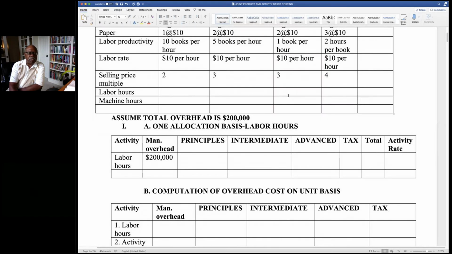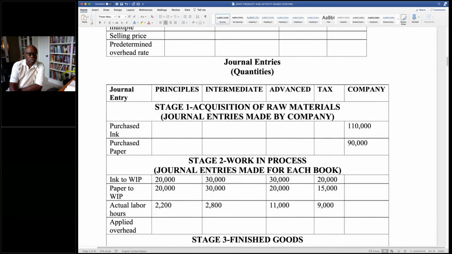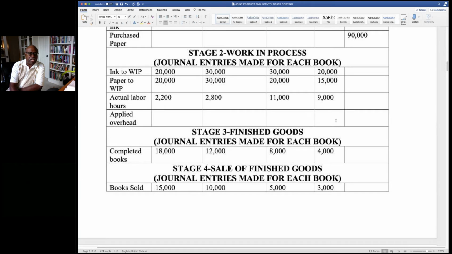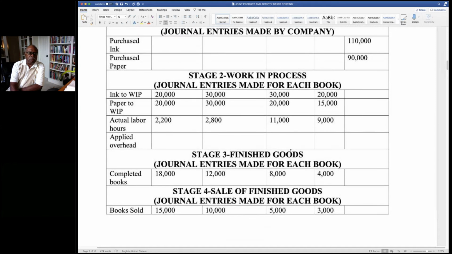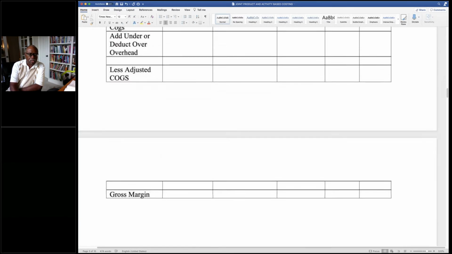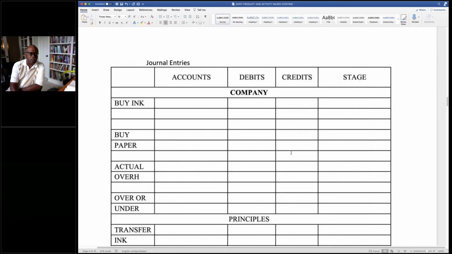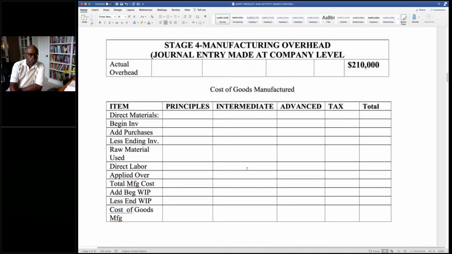Notice I did not give you the labor hours, so I want you to calculate those so that everybody knows how to do that. Except for the overhead, everything in here is quantity, and so you have to multiply. And in this problem, because we are selling multiple products, we are going to need journal entries and T accounts, one for the company, and then one for each book that we're making.